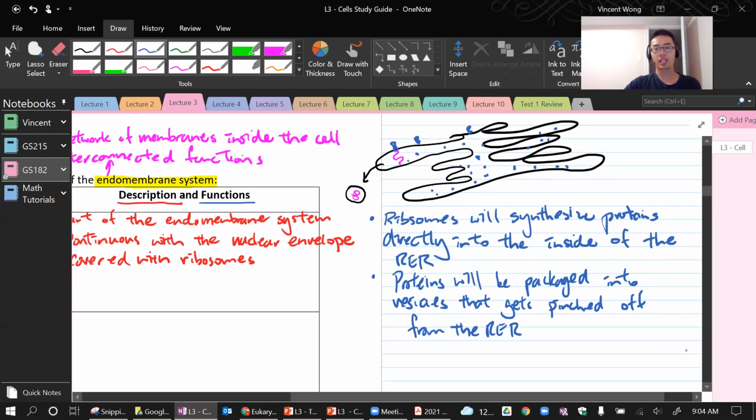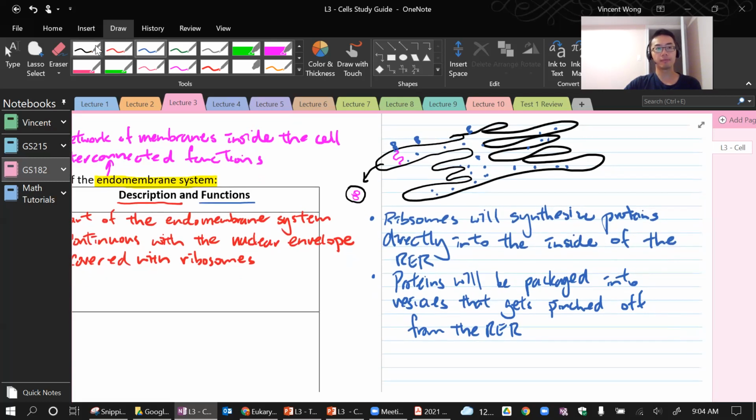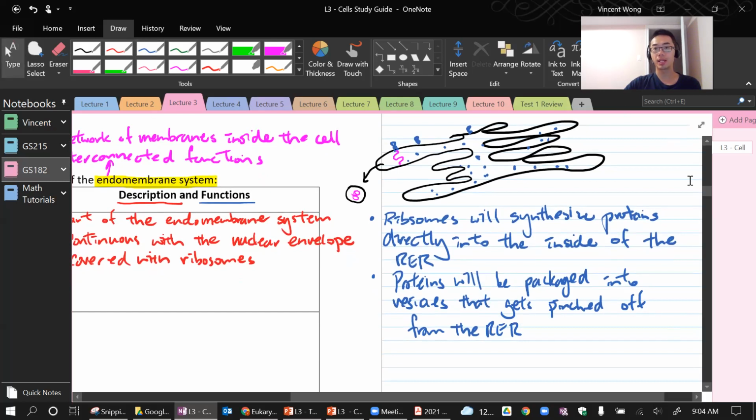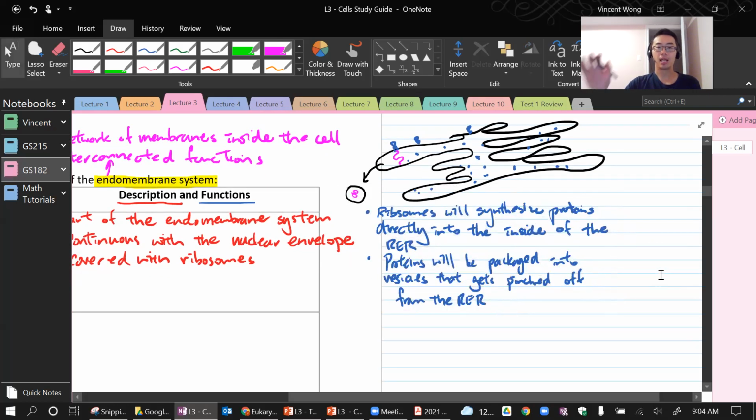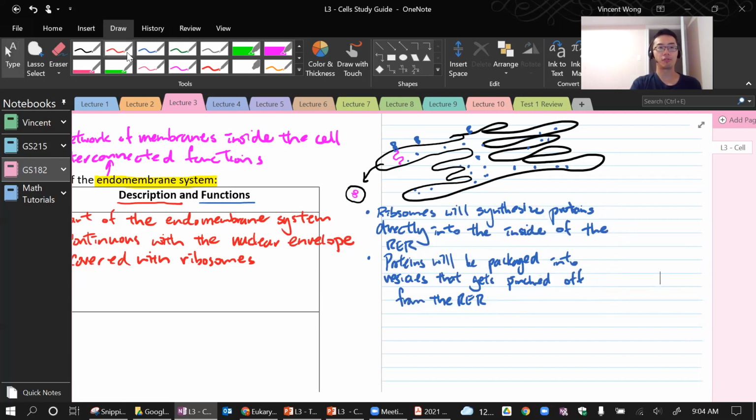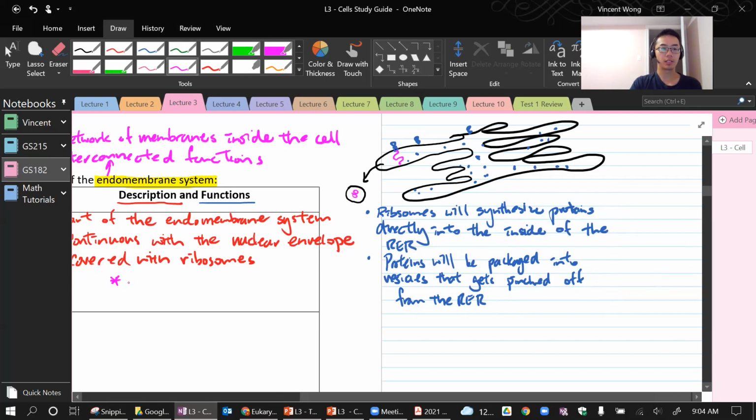So you would expect cells that make a lot of proteins to have a lot of ribosomes. Cells that make lots of proteins will have lots of rough ER.